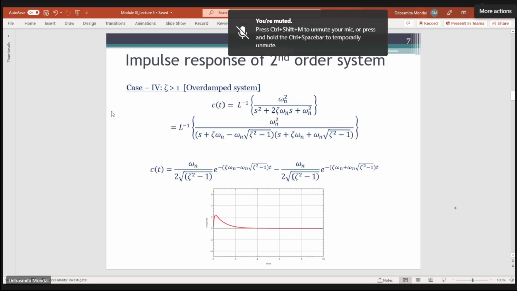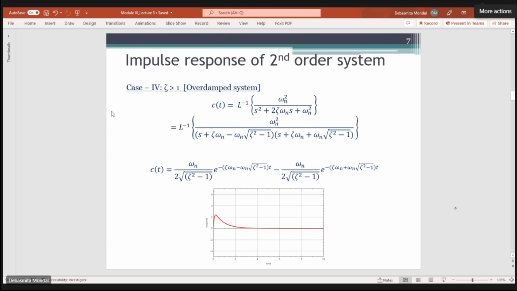Similarly, if you consider the overdamped system, a similar kind of damping will be present, and the response will be similar to the critically damped case, but the difference is that the time taken to reach the steady state will be more.